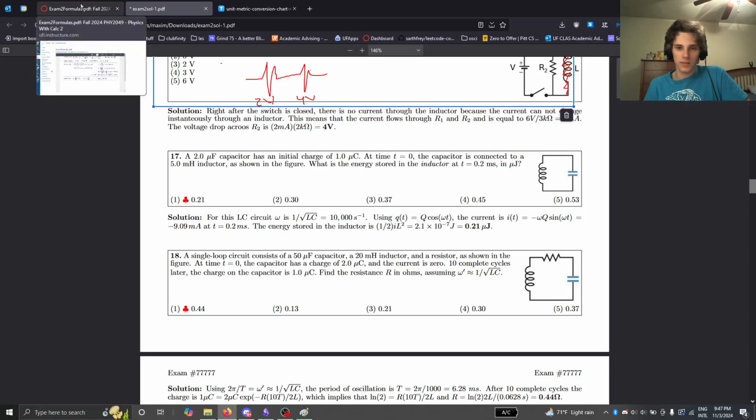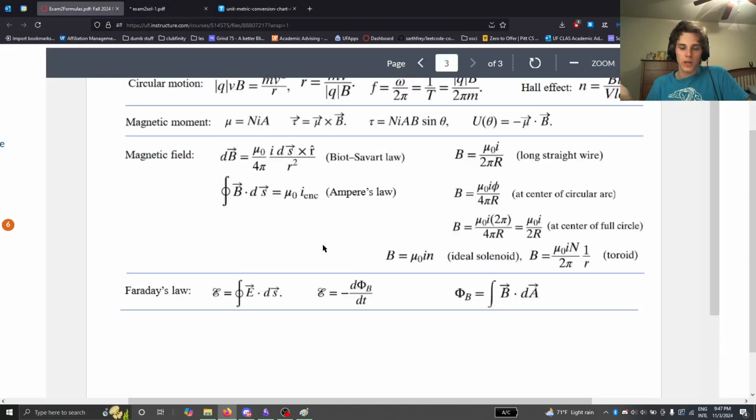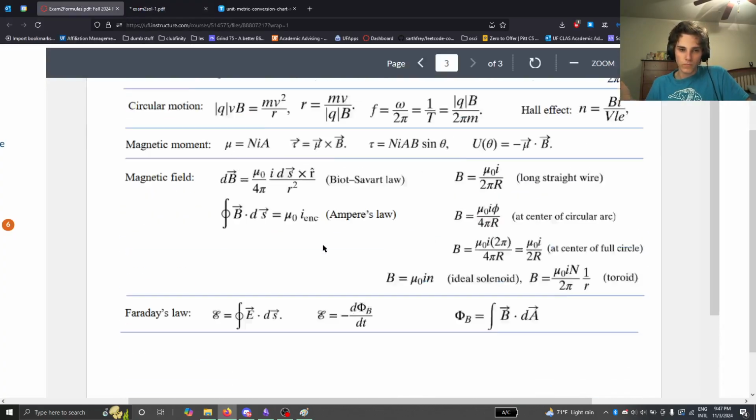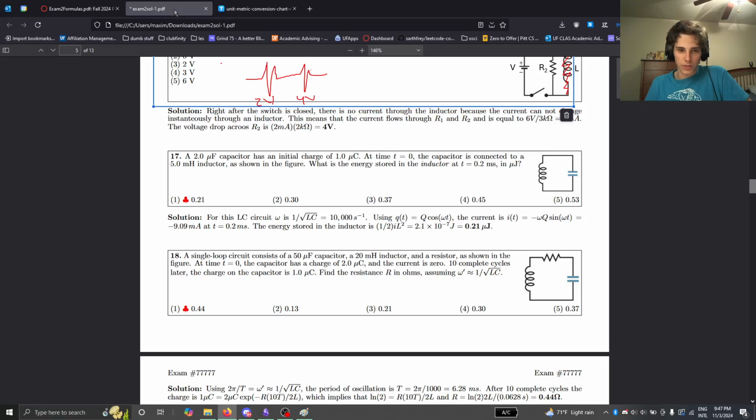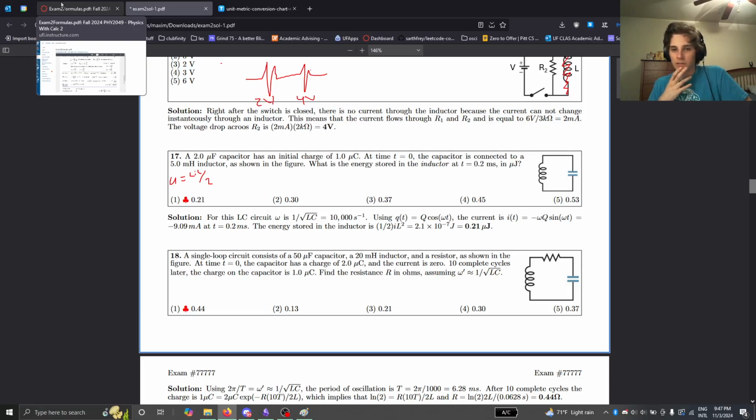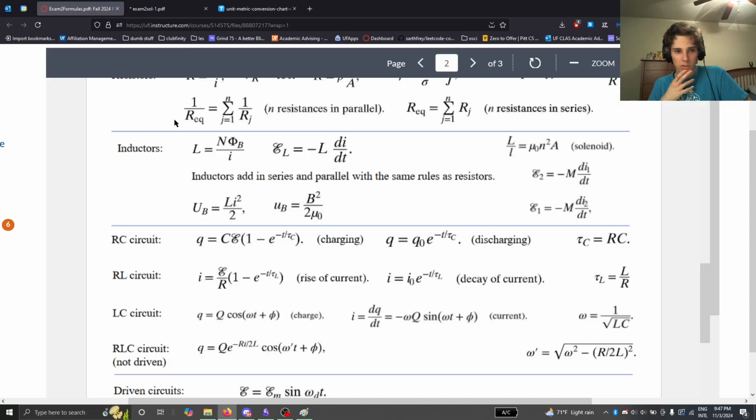So when in doubt, work backwards, right? Energy stored in an inductor is L I squared over 2. We have L. We need I. Well, okay, how do we get the I of an LC circuit?